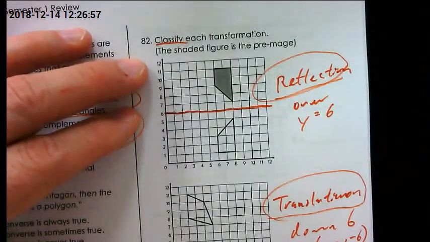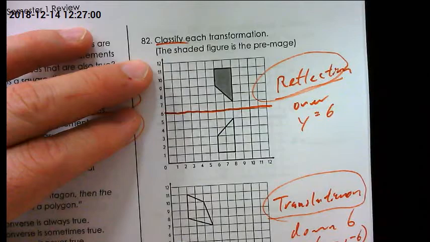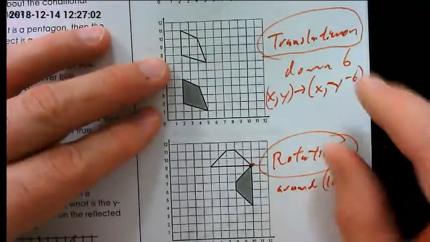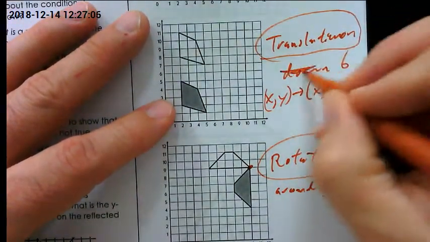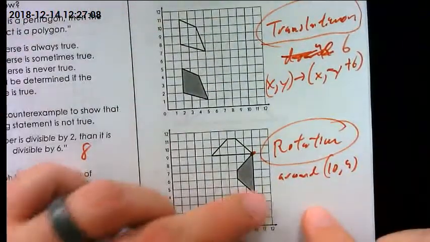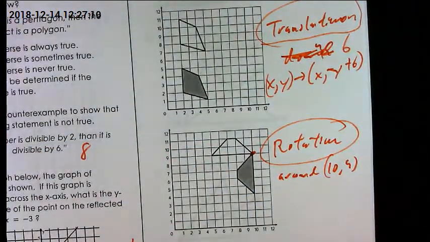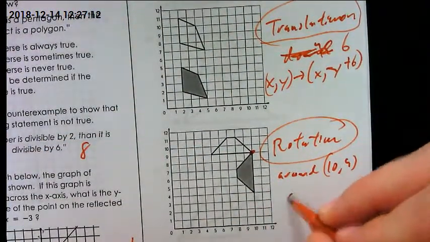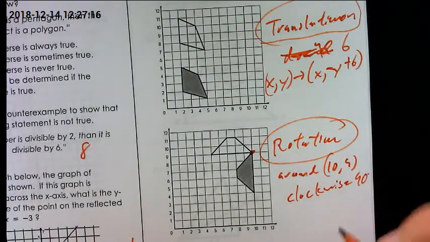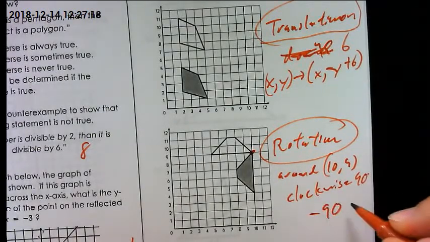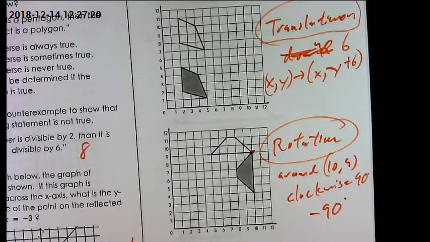Wait, which one is the... Oh, I'm sorry. Shaded is the preimage. So on this one, it actually went up 6, not down 6. So this one rotated this way. So it's going clockwise 90 degrees. Or you could say negative 90 degrees. Either one works.